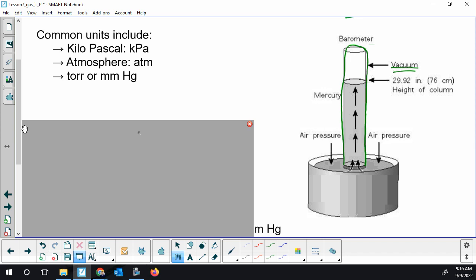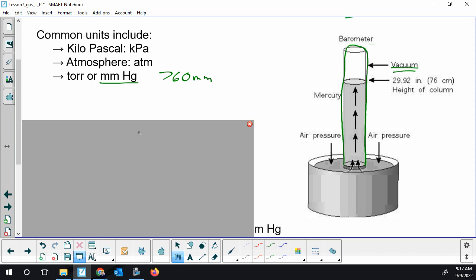And that's where these units came from. At atmospheric conditions, you'd find out that mercury would go up 76 centimeters, or 760 millimeters. So 760 millimeters of mercury going up is the same as 1 atmosphere.